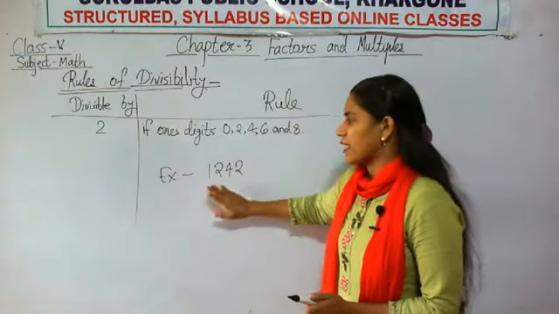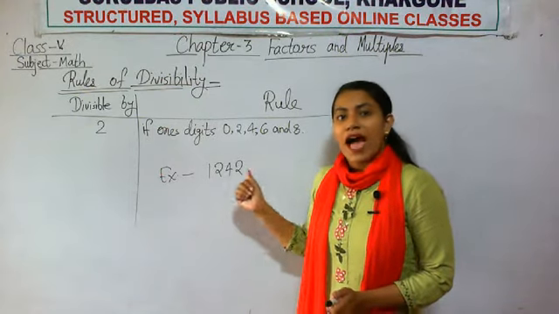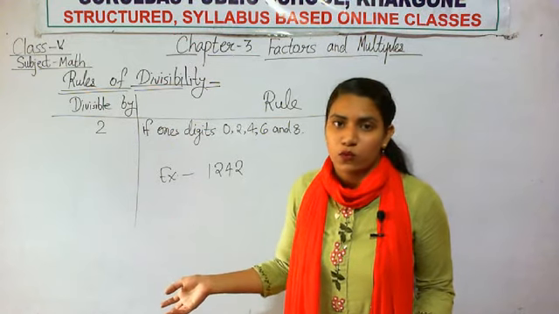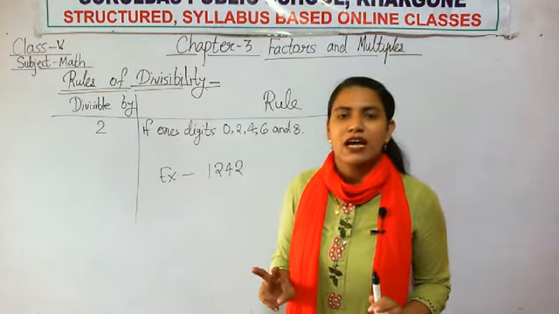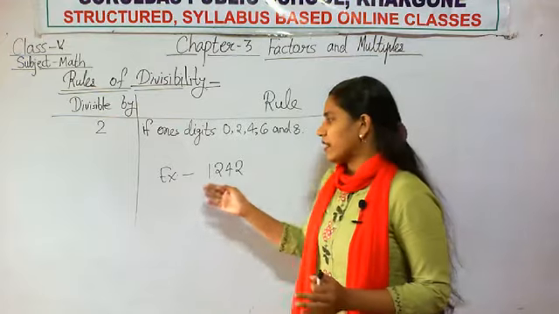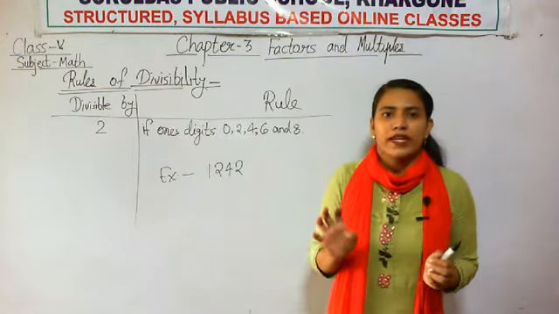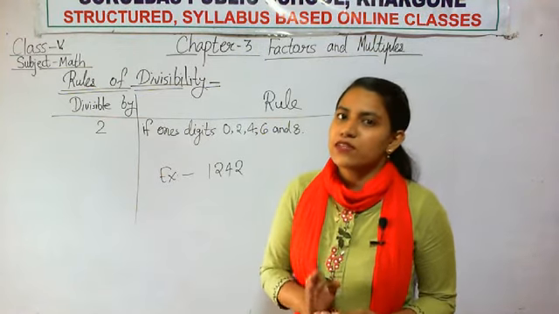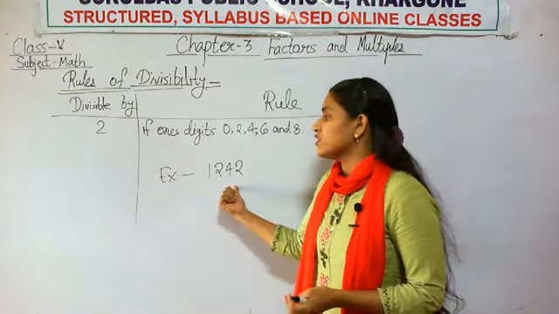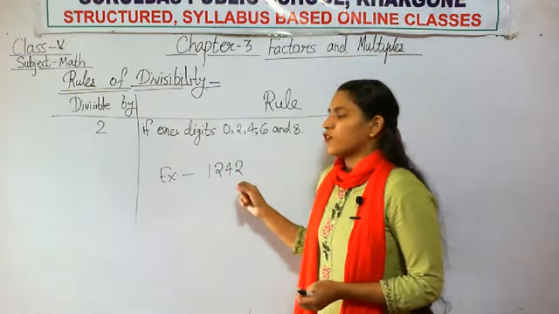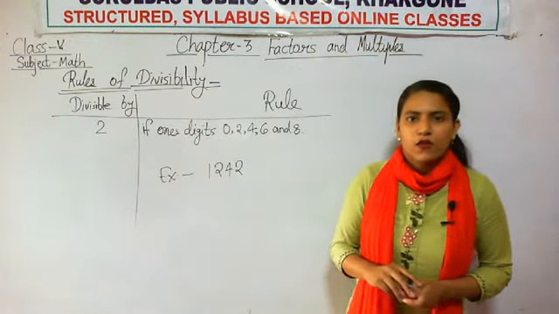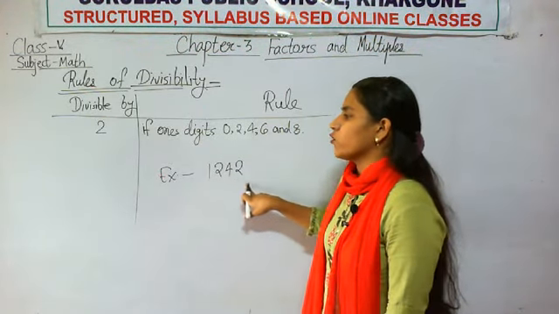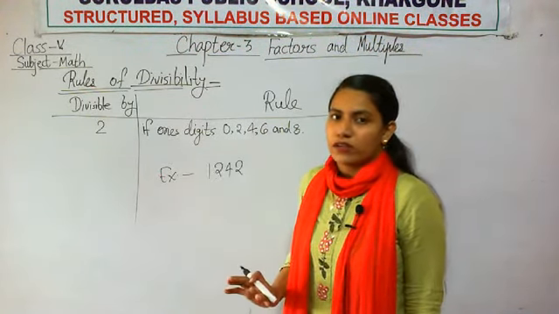I am asking that just by looking at the number you have to tell me, yes ma'am it is divisible by 2, or no ma'am it is not divisible by 2. You have to answer only yes or no, just by looking at the number without the actual division process. There are some divisibility rules by which we can check and give yes or no as the answer. So my question is, is 1242 divisible by 2 or not?